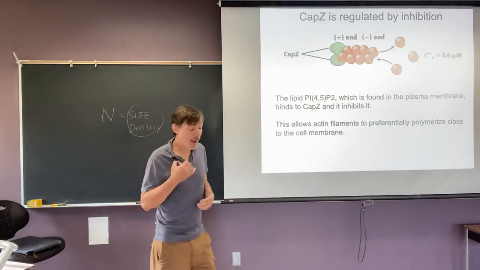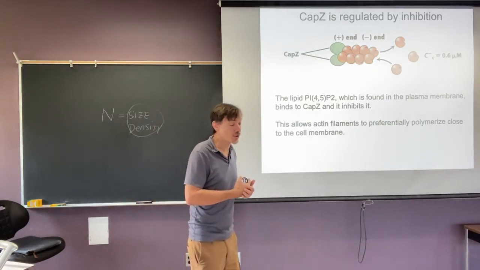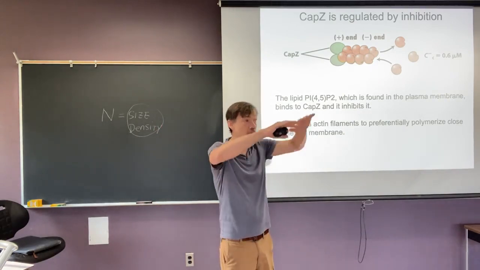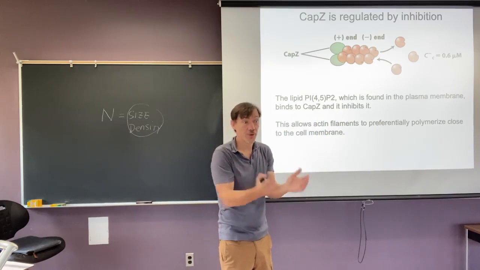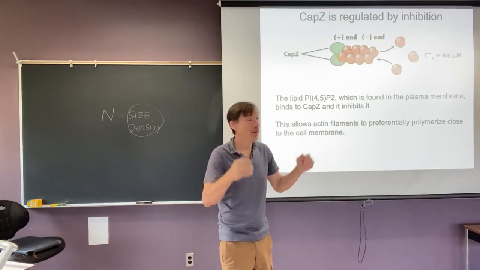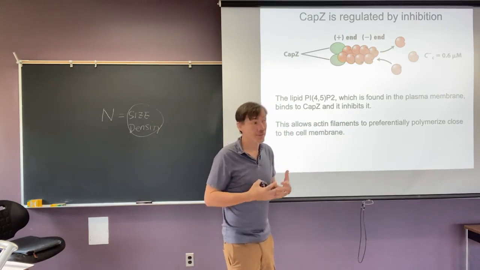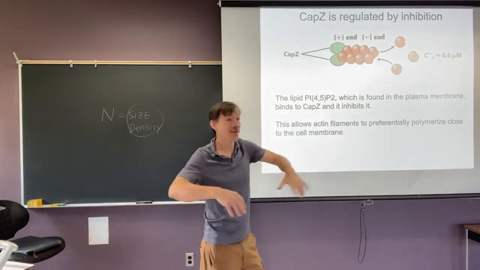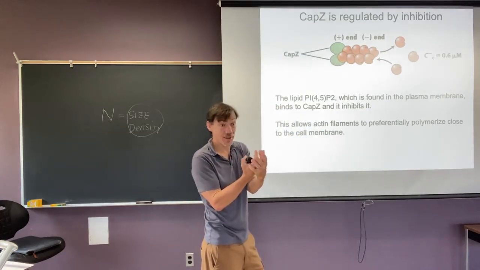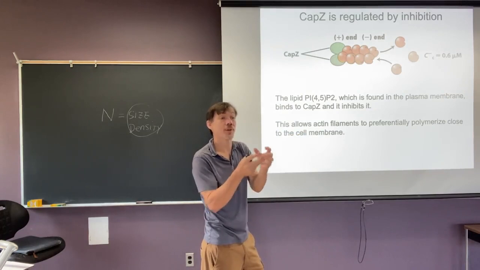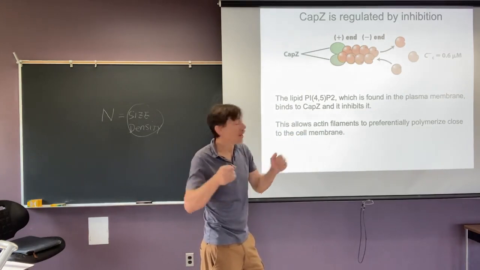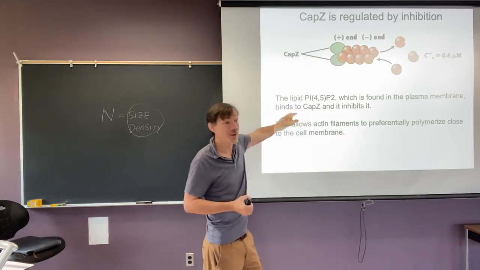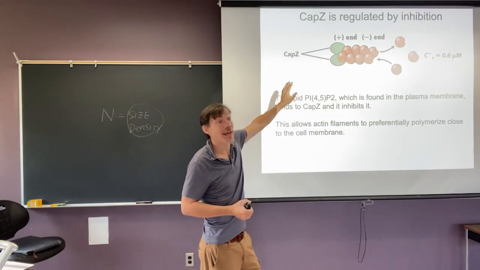If we think back to the last lecture, one of the big points I made is that actin filaments are usually found on the outside of cells, right against the plasma membrane. And one of the mechanisms that allows this to happen is CAP-Z. CAP-Z is going to be at a really high concentration inside the cell. It's going to be active, blocking actin assembly. And it's only right at the plasma membrane, where CAP-Z is being inhibited, that actin filament assembly can happen at all.